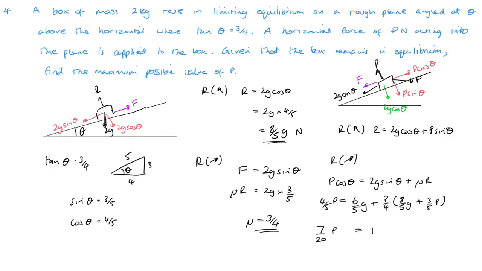So we've got 12/5 g there. So 12/5 times 9.8 divided by 7/20 gives me that P is 67.2 newtons.